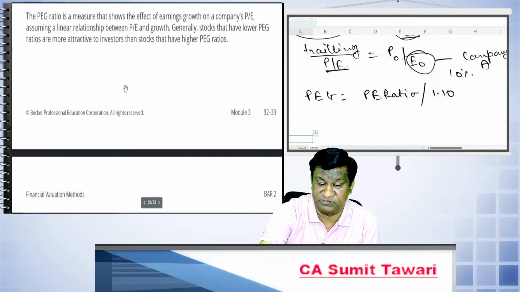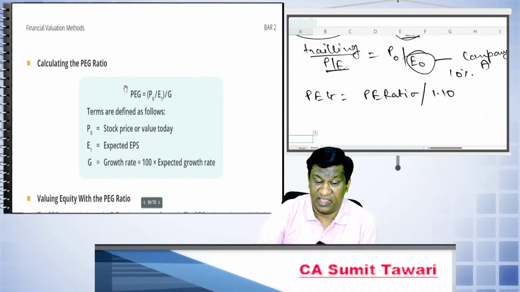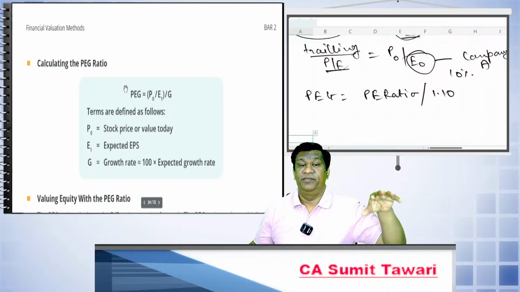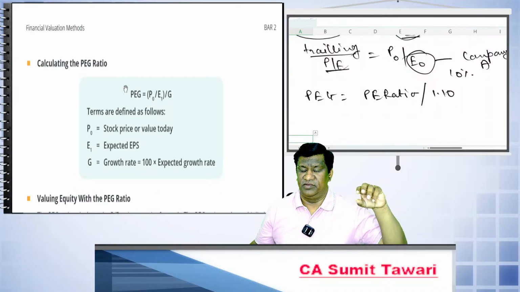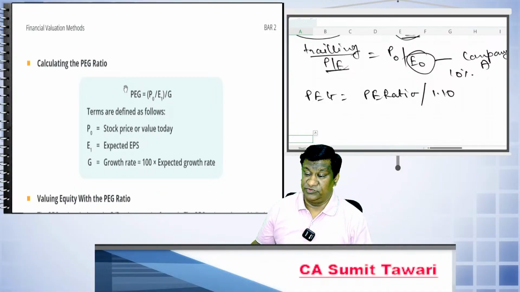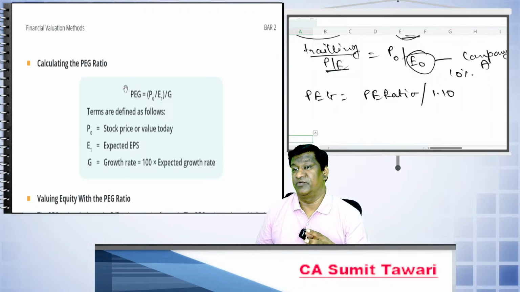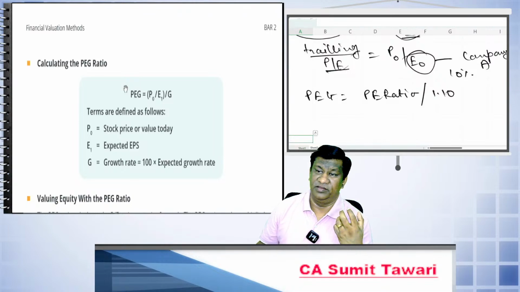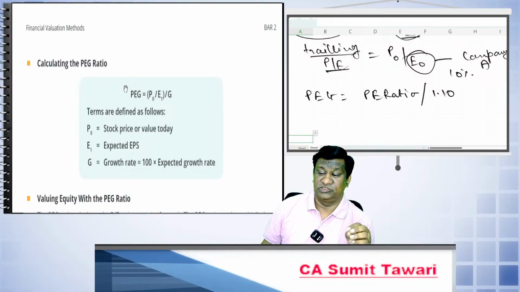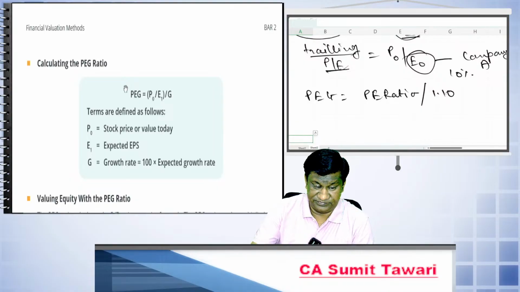If the expected growth rate is high, then the value of the stock price is reduced. So if there is a lower PEG ratio, it is more attractive. If your growth rate is high, it is difficult to get the earning on your investment. That's why investors mostly invest in a stock where there is a lower PEG.